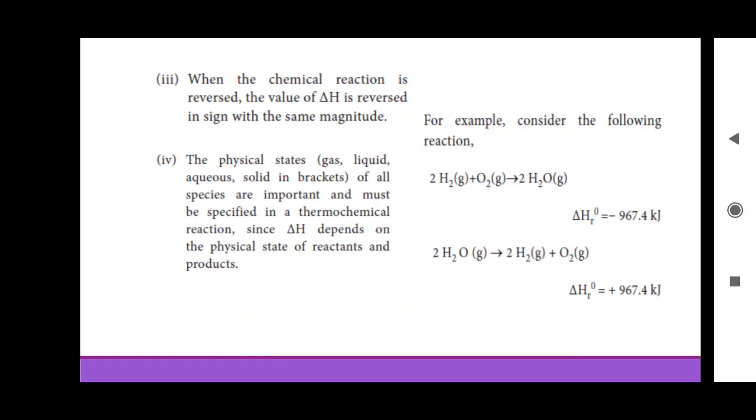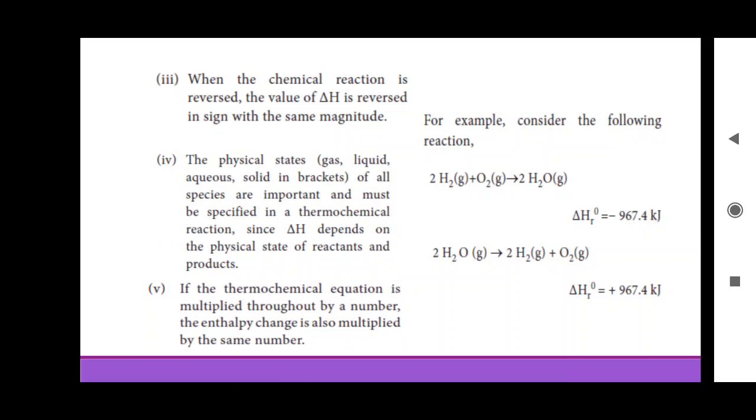Point number 4. The physical states, gas, liquid, aqueous, solid, mentioned in brackets for each reactant and product, are important and must be specified in a thermochemical reaction, since delta H depends on the physical state of the reactants and products. Point number 5. If the thermochemical equation is multiplied throughout by a number, the enthalpy change is also multiplied by the same number.